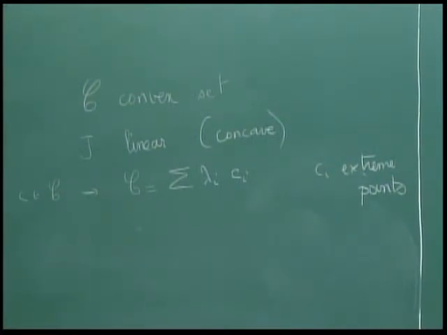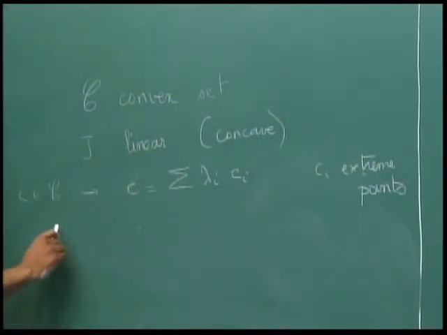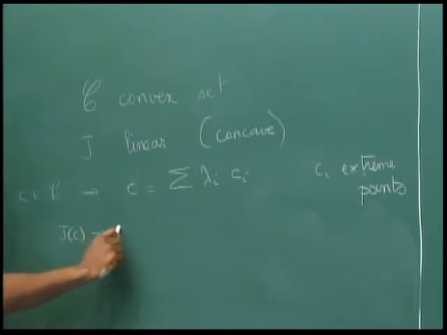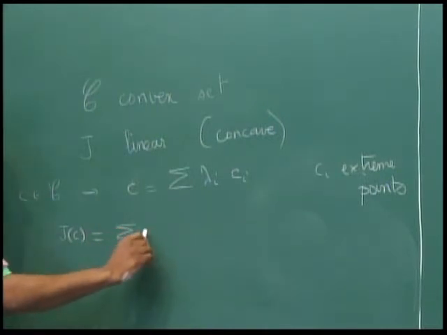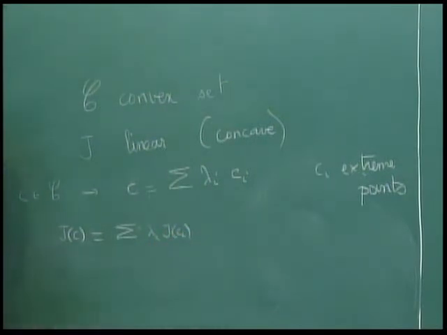Now, if I compute J of c, because J is linear, this is the sum of lambda_i J of c_i.